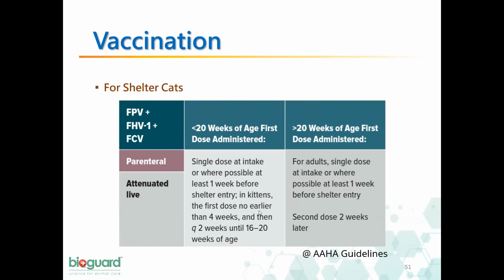The first dose has to be after 4 weeks of age, and then repeated every 2 weeks until 16 to 20 weeks of age. For cats older than 20 weeks, and for adults, a single dose at intake, or where possible at least one week before entering the shelter, can be given. The second dose can also be administered 2 weeks after the first dose.